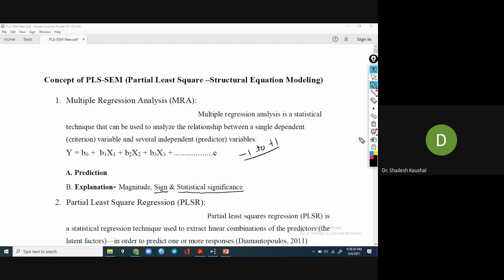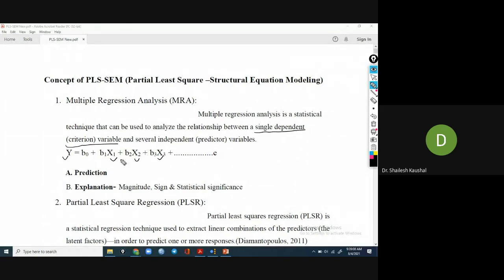It is related to hypothesis: whether all the independent variables x1, x2, x3 significantly contribute to the dependent variable or not. So in multiple regression analysis, we take a single dependent variable, and several independent variables, maybe 4, 5, 10, 12, 15.